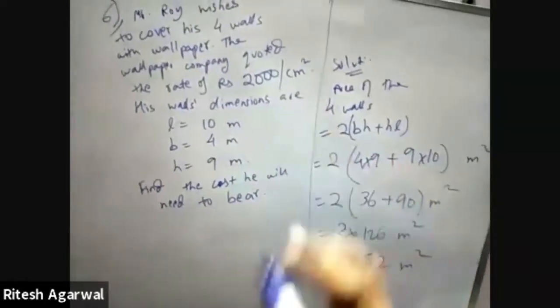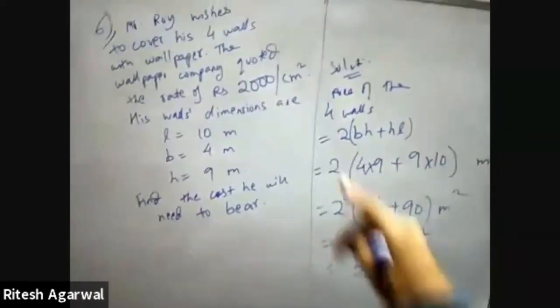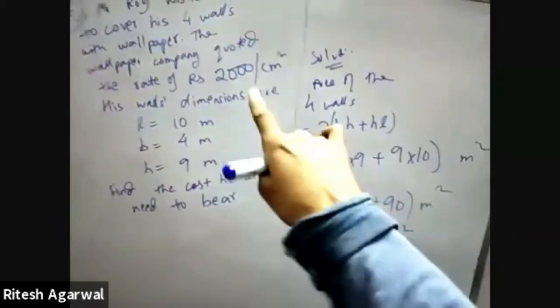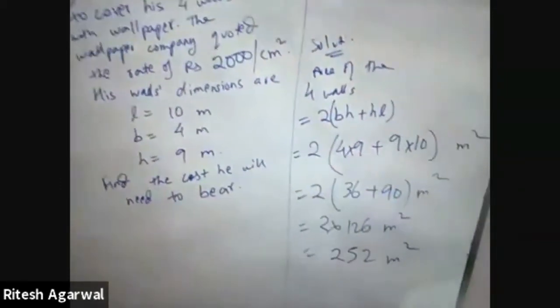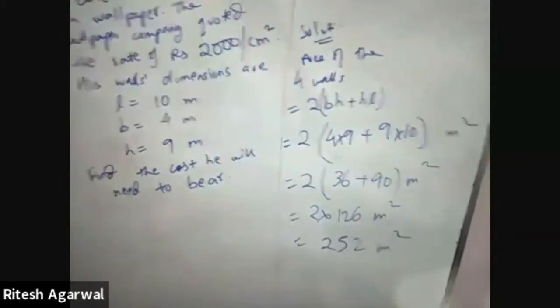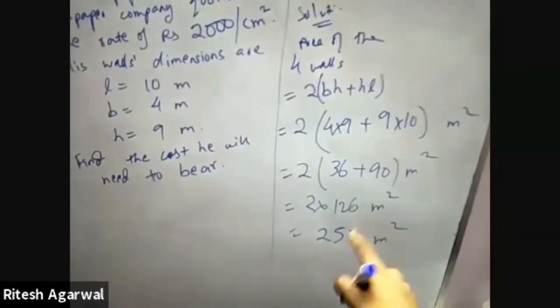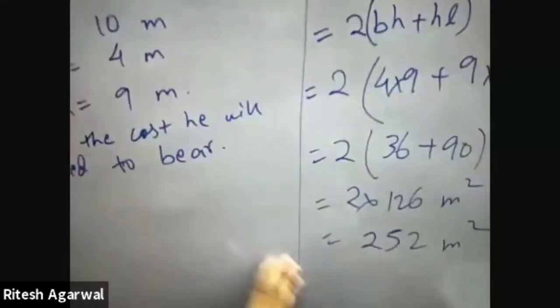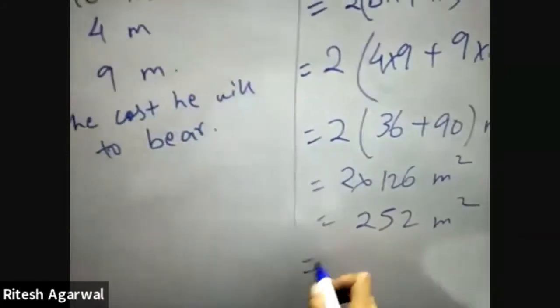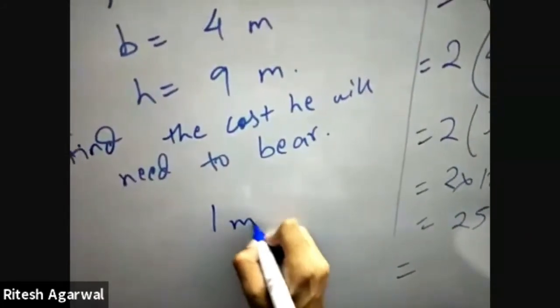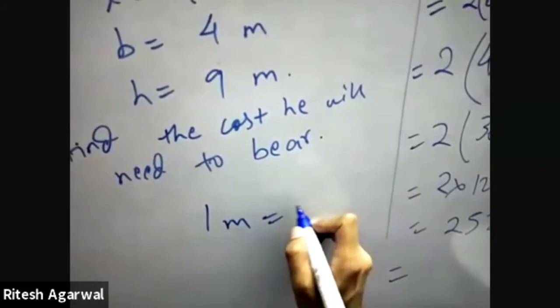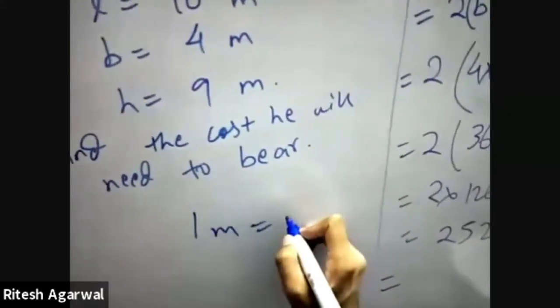Now we have to find the total cost. For that, we have to multiply area with rate. But the rate is in square centimeter and my walls are in square meter. So how can I convert this into centimeter directly? Please note that to convert meter into centimeter, we have to multiply it by 100.